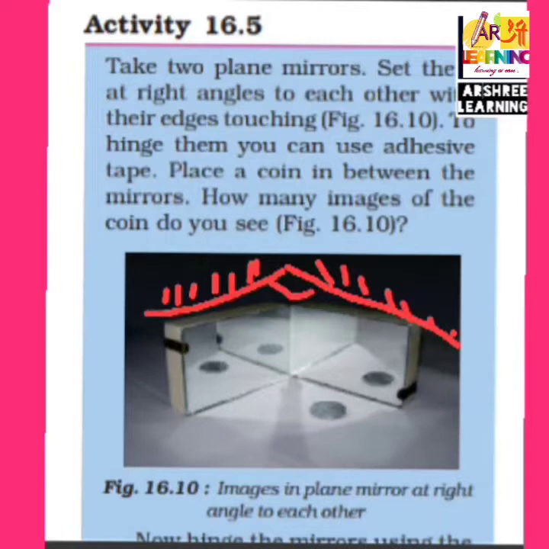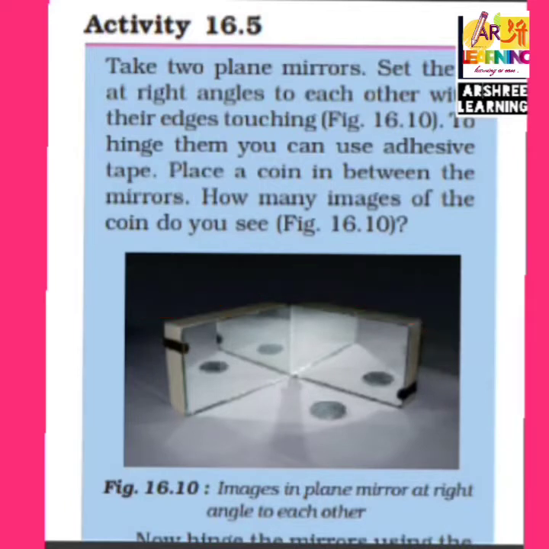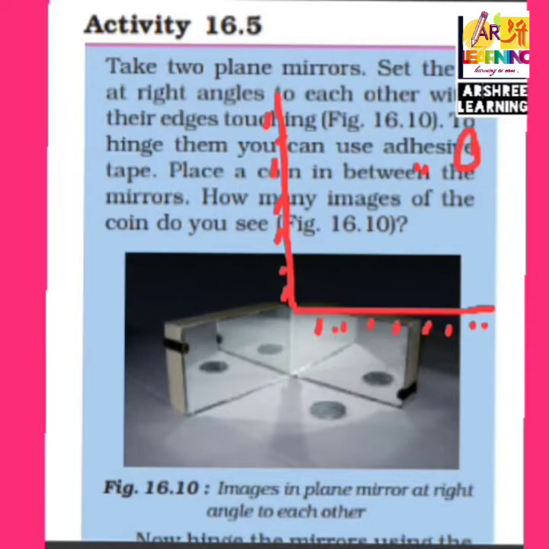What happens when we put one object in between the two mirrors? How many images are formed? If we draw a diagram and understand, suppose the first mirror is kept like this and the second mirror is kept like this, and the object is kept in between them. If this is the object O, it will form its image behind the mirror at this point, which is I1.